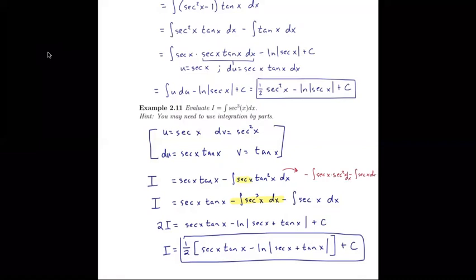So we split that into, because tangent squared x is secant squared x minus 1, and actually this needs to be a plus because it's a double minus, so there is a small little mistake in there to handle as we work our way through.